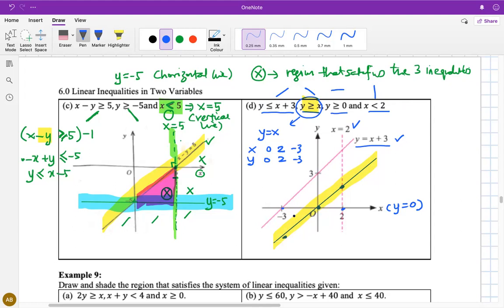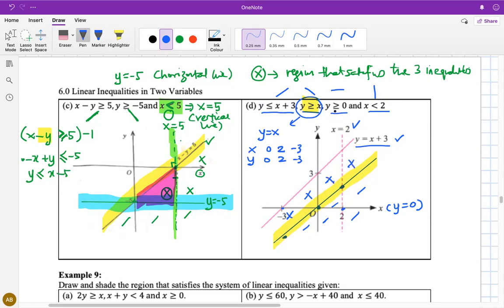So the region involved is below this straight line. There will be 1, 2, 3, 4, 5, 6, 7, 8, and 9. Among these 9, where are the regions above y bigger than x? Above this straight line, the yellow line, is 1, 2, 3, 4.